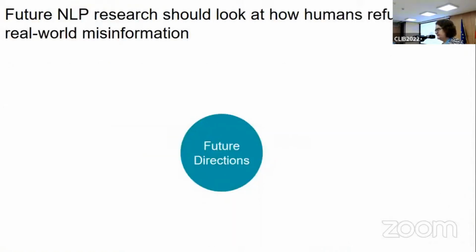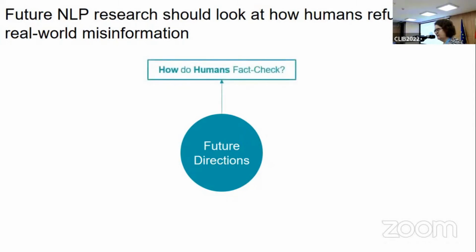And to summarize this part of my presentation, I'd like to put forward some ideas about what future NLP research should look at when we develop methods to debunk real-world misinformation. So we should be concerned with the question: what is our application scenario? I've been talking about fact checkers.